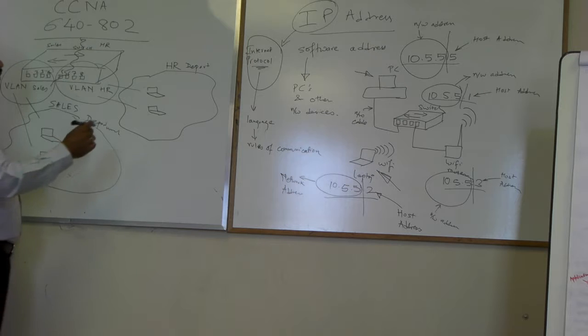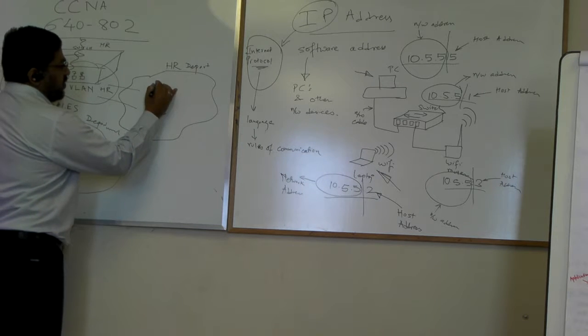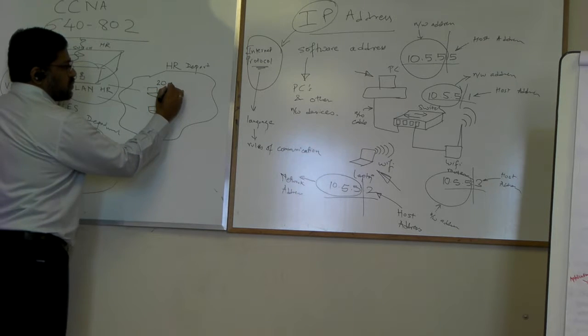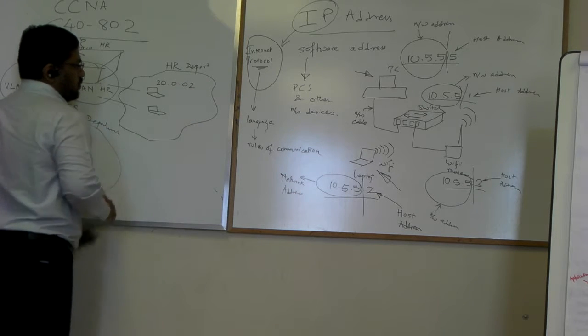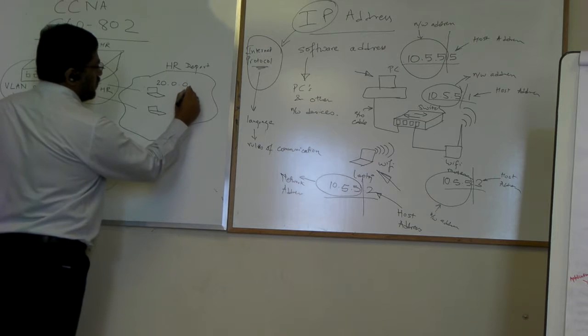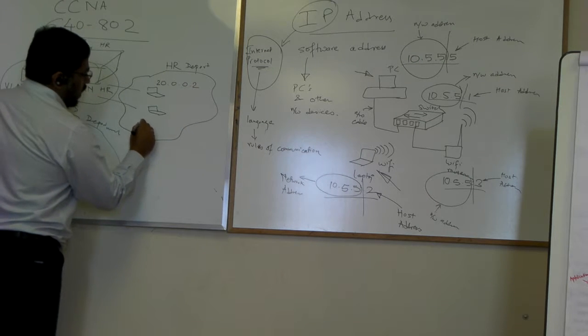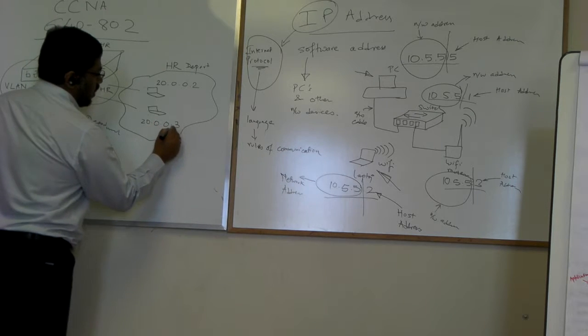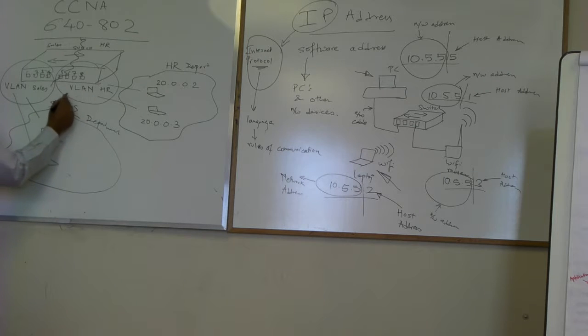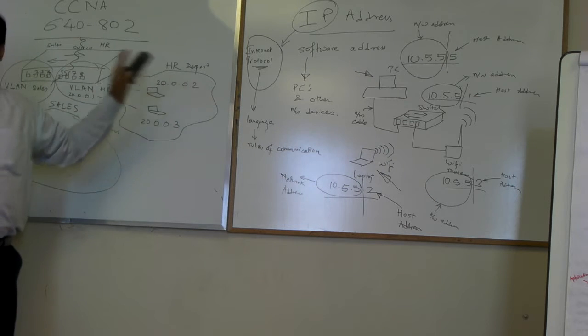So you might come up and say, okay, let me give this address, 20 network, 20.0.0.2 for this computer, and 20.0.0.3 for this computer, and this VLAN itself I'll give an IP address 20.0.0.1. Okay, so that makes my VLAN. My one network is ready.